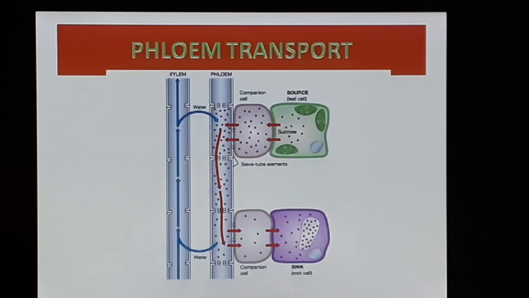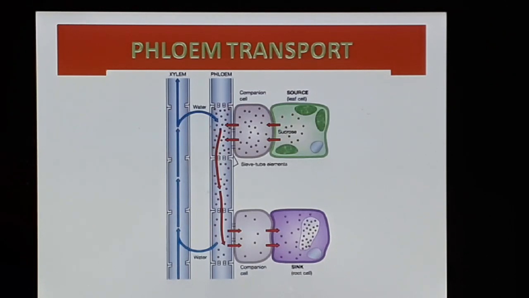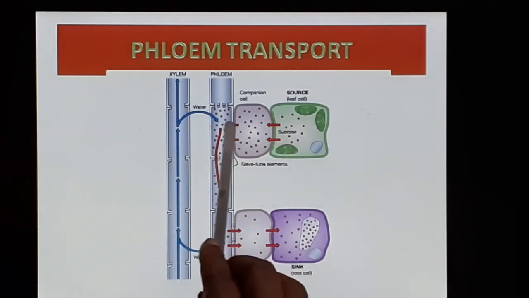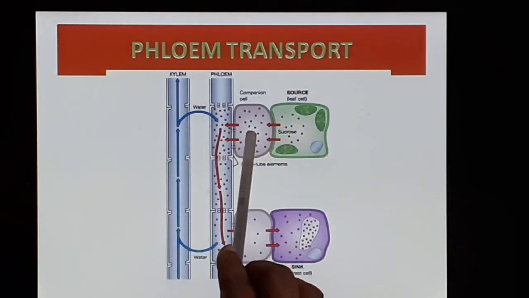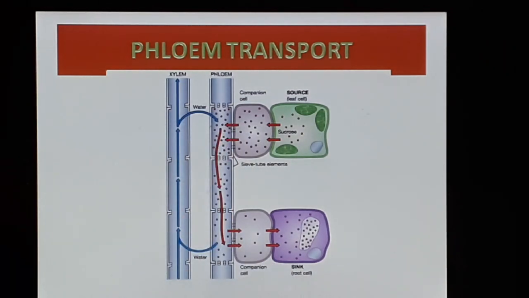We know that xylem transport is mainly by simple physical forces like root pressure push and transpiration pull. There is no need of energy there. But phloem translocation is achieved by utilizing energy. Materials like sucrose, prepared in the mesophyll cells of the leaves, are transferred from the mesophyll cells into the phloem elements, first to the companion cells and then to the sieve tubes, using energy.